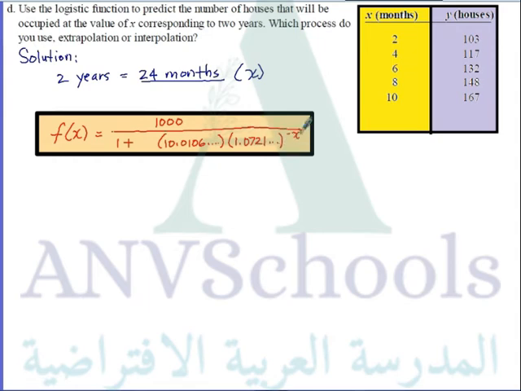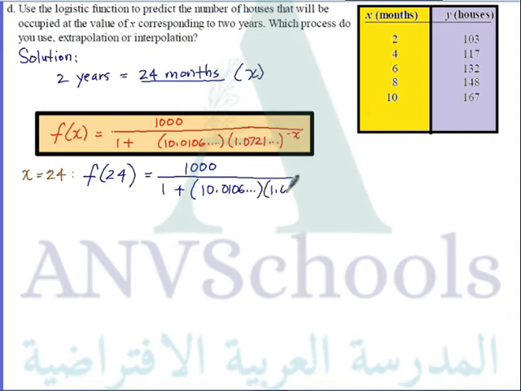So when our x is 24, that will give us an expression: f of 24 is equal to 1000 over 1 plus 10.0106 times 1.0721 raised to negative 24, of course, because our x is 24.